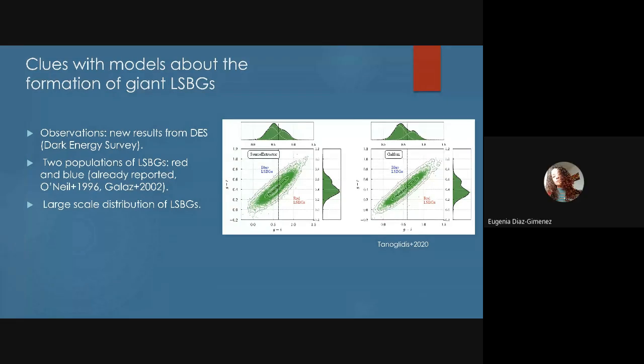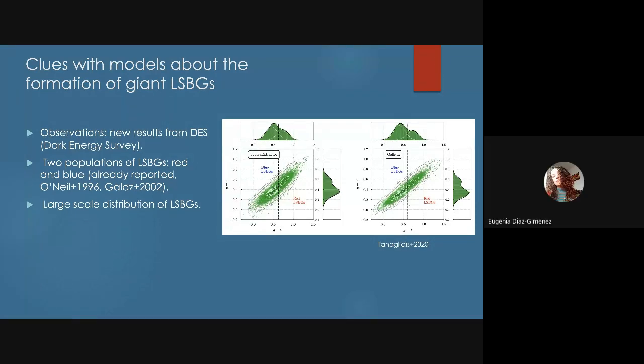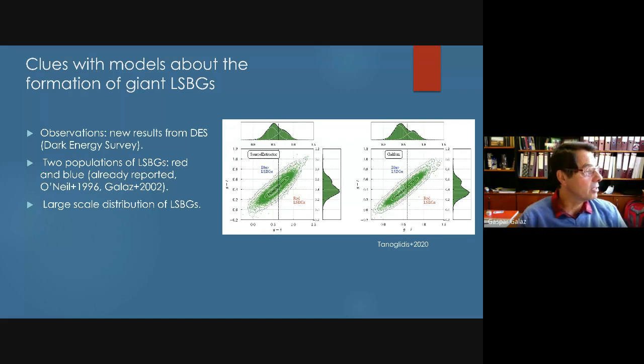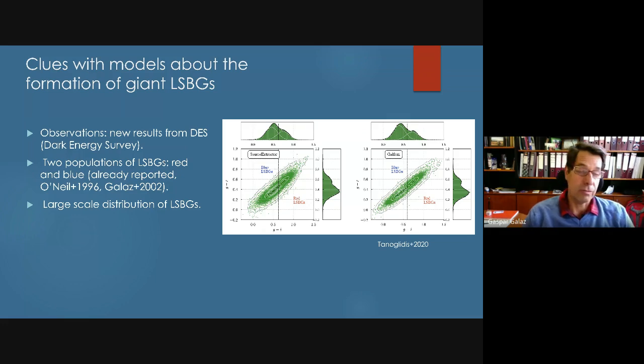Oh, there is light in the camera. We had some power cuts here in Santiago yesterday by night, and nobody knows what happened. They say it is because there is no rain, so not much hydroelectricity.